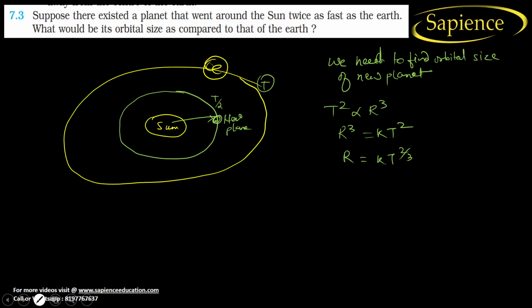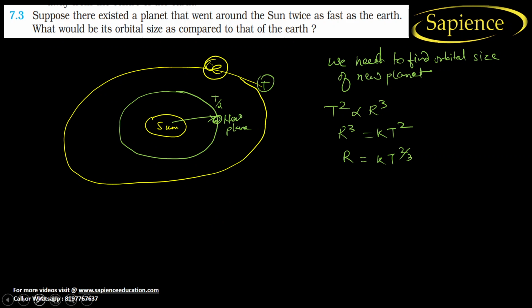Let us consider Re as the radius of the earth. So this will be equal to k times the time period of the earth to the power 2 by 3. Now let the radius of the new planet Rp be equal to k times the time period of the new planet.